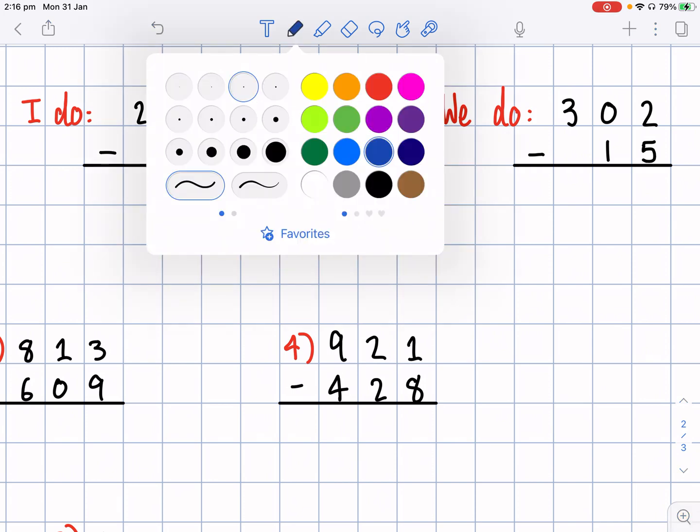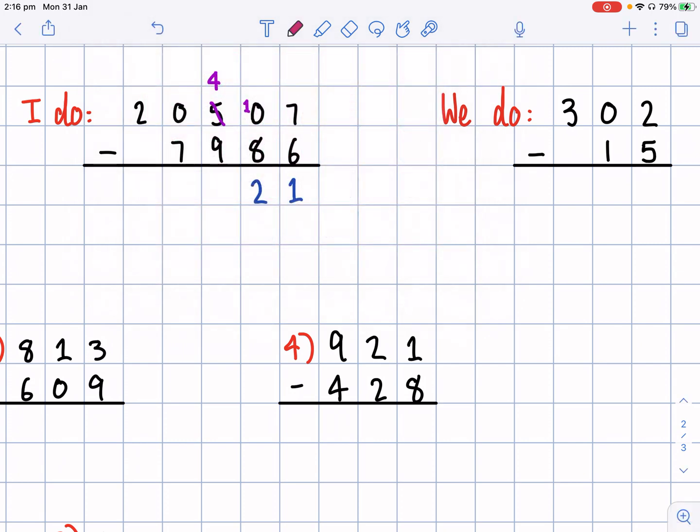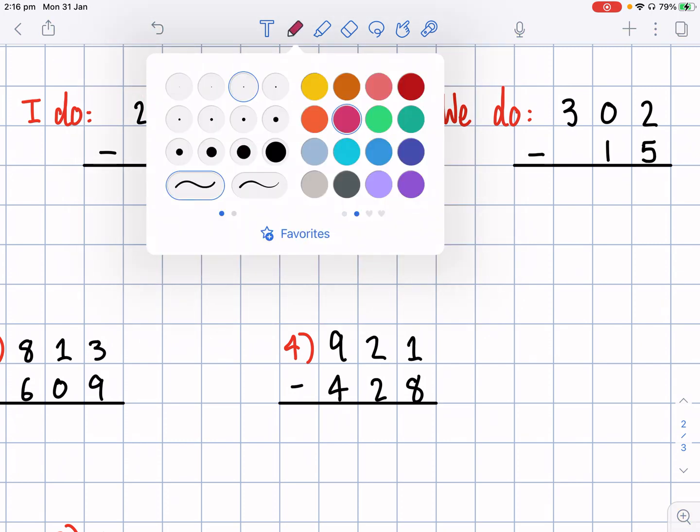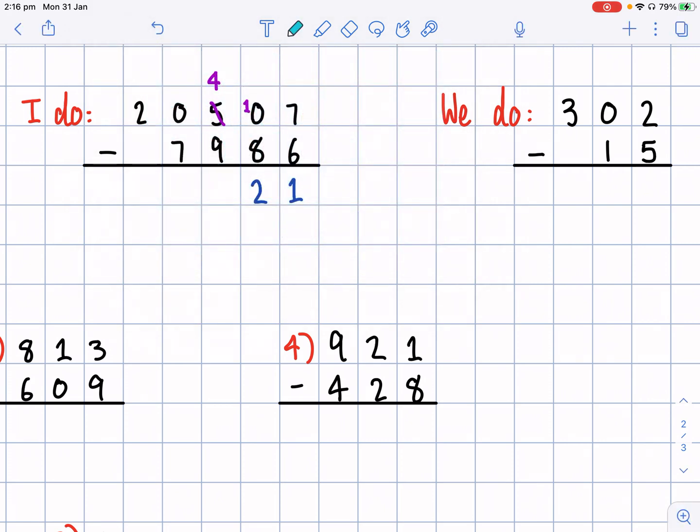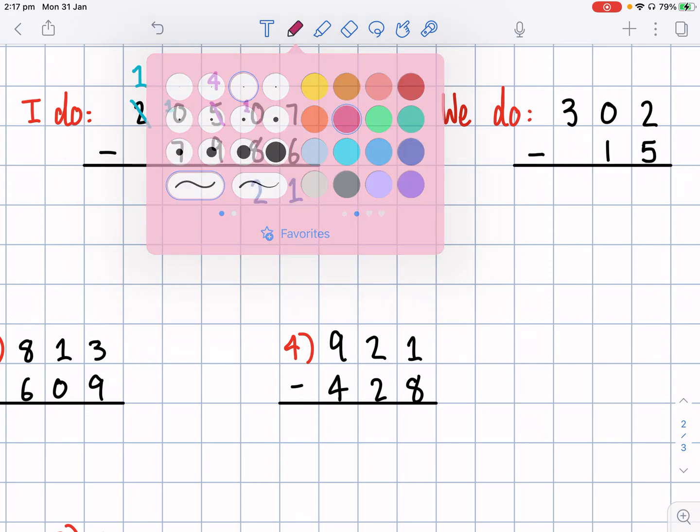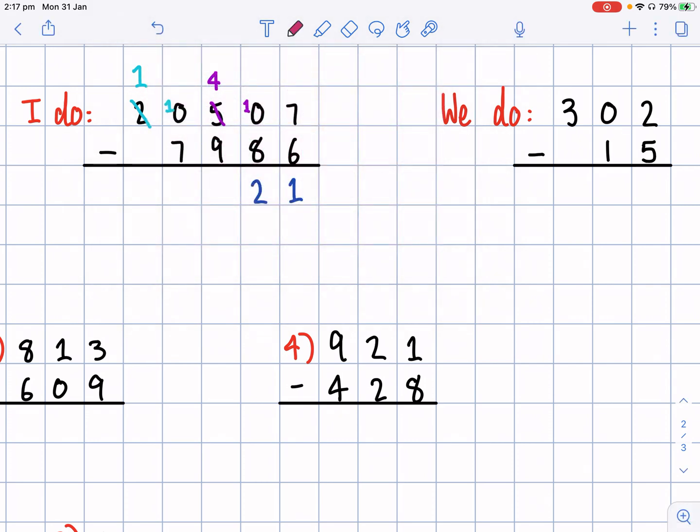The problem here, you'll probably already see, is how do I borrow from 0? I can't. So I'm going to have to borrow from the 20, from the 2. That's going to become a 1, which means this 0 becomes a 10. Now that 0 is a 10, I can borrow it.